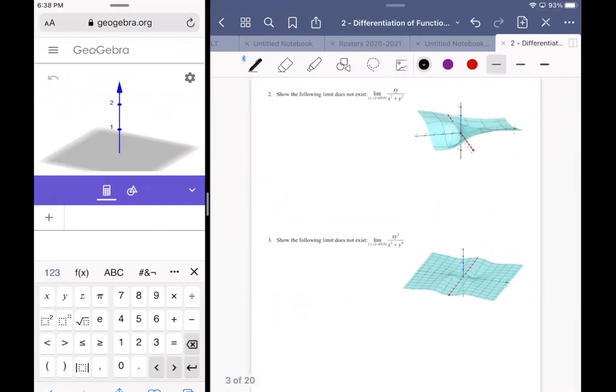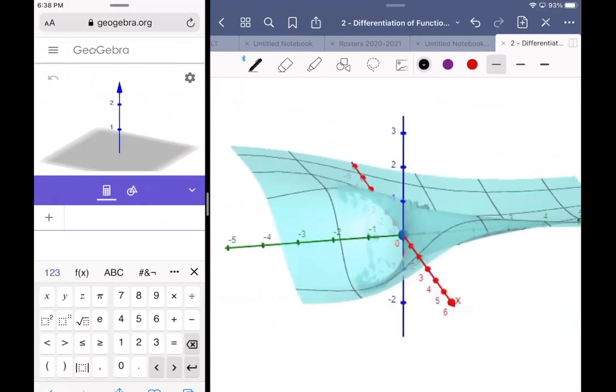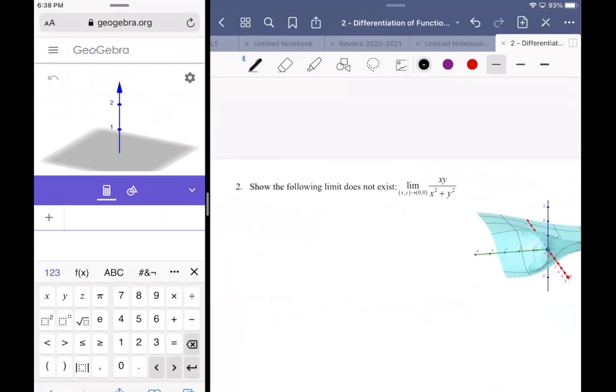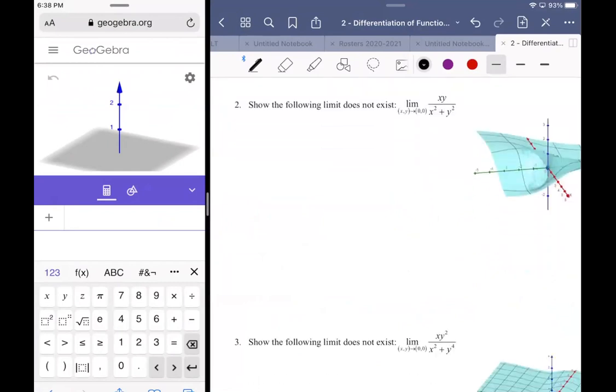And you see in both of these cases, we show that the limit does not exist. You can see that the surface there is the best view that I could get from GeoGebra related to this graph. I could try to finagle it to look nicer, but it's never going to be any nicer. But I will show you what it looks like across the different approaches.